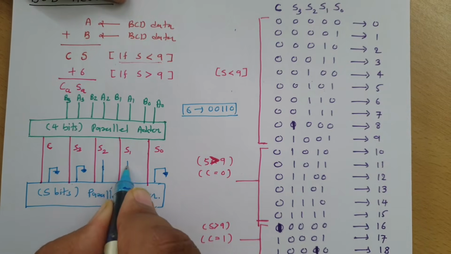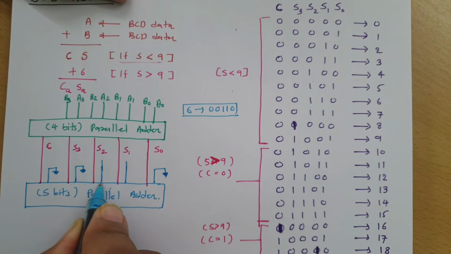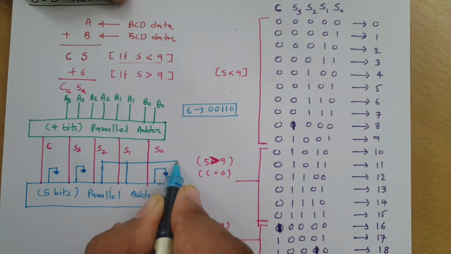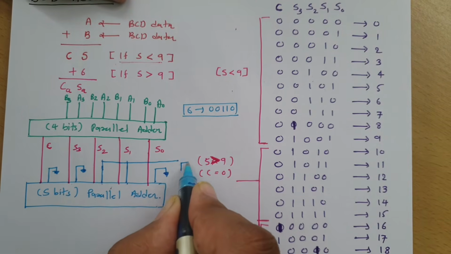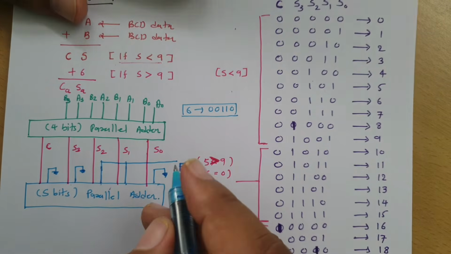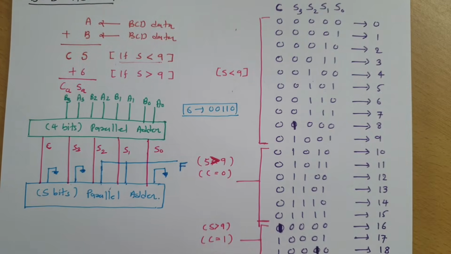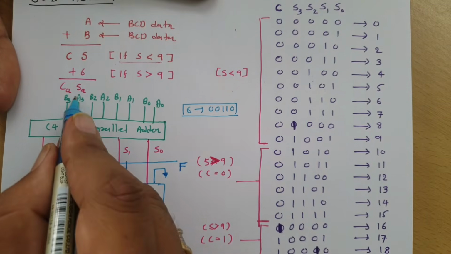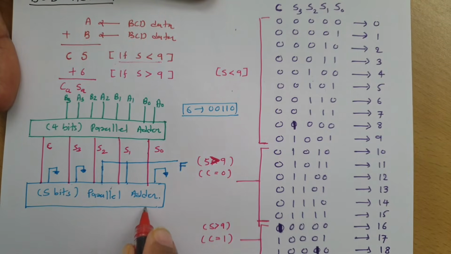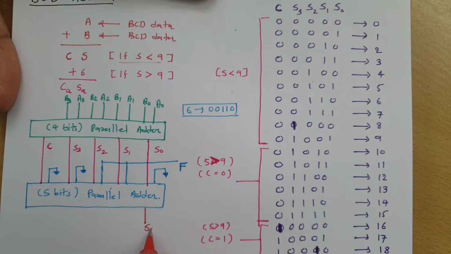So see, these bits are only 1, right? Let us say these bits are 1 based on function f, and that addition results into SA.